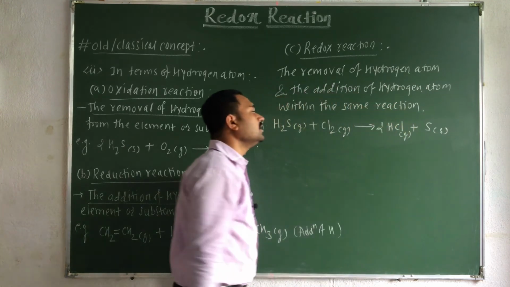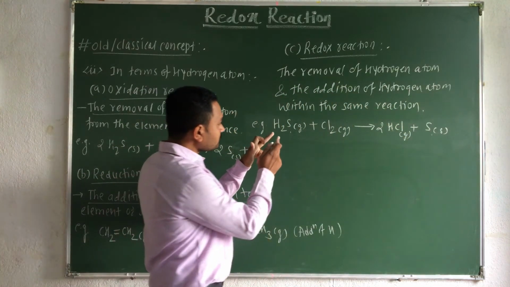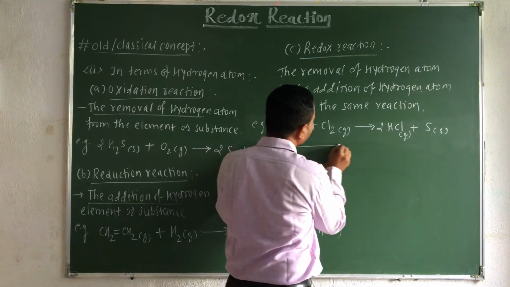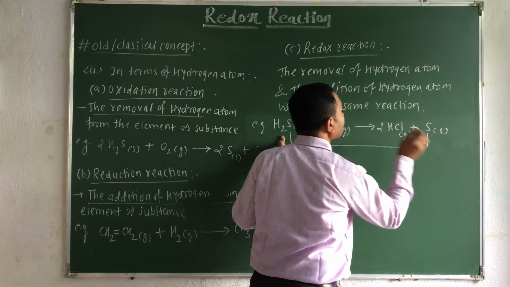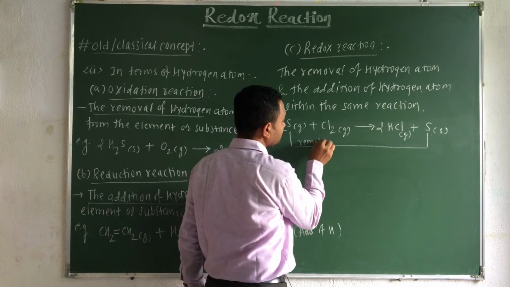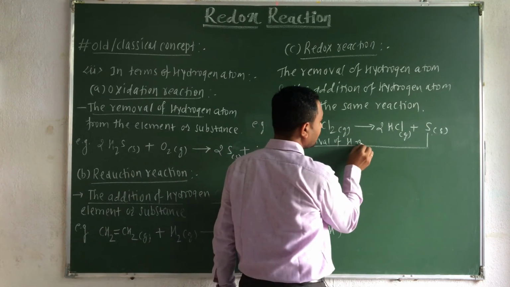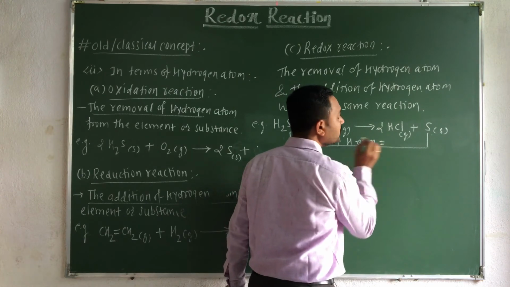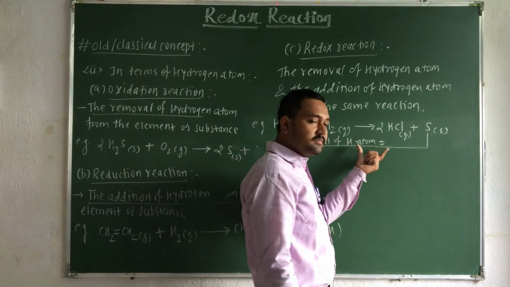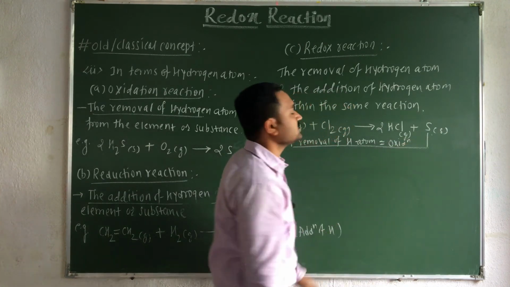Now in this particular example, the hydrogen atom from the hydrogen sulfide gets removed. As here the removal of hydrogen atom takes place, hence this process will be the oxidation process. It is very simple.